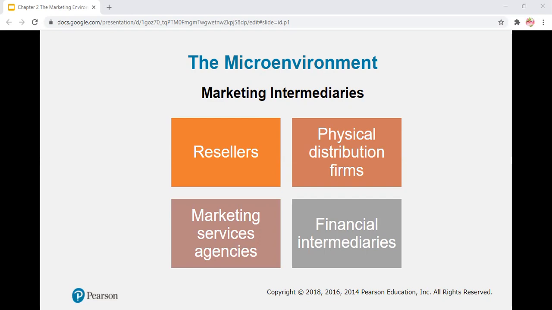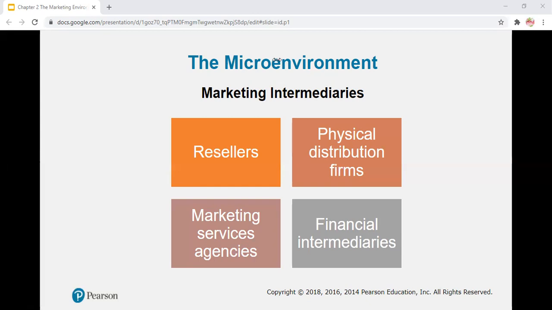Now, marketing services agencies are the marketing research firms, for example, or advertising agencies or media firms, and it could be marketing consultant firms. Those agencies help the company target and promote its products to the right markets.